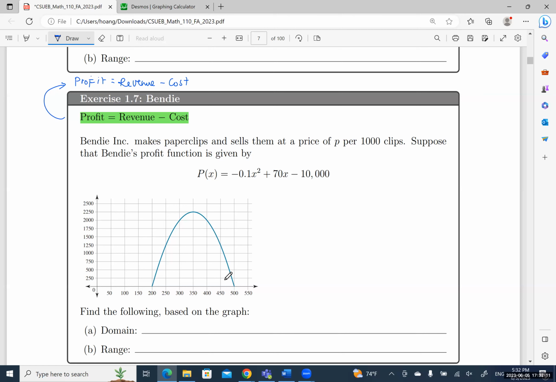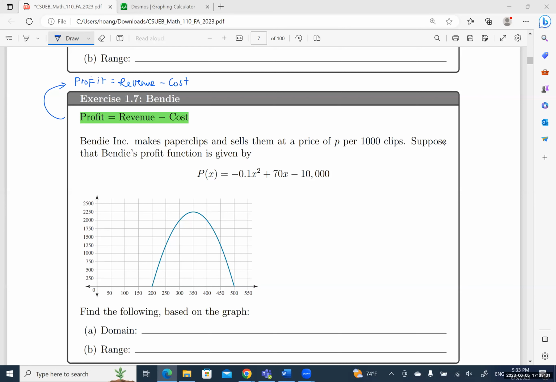Suppose that Bendy's profit function is given by P(x) equal to negative 0.1x squared plus 70x minus 10,000. I would like to cross this out because it doesn't make sense to me. We don't need this information.